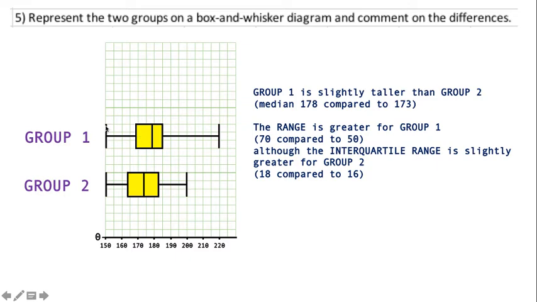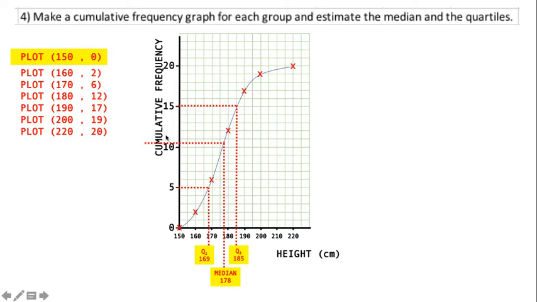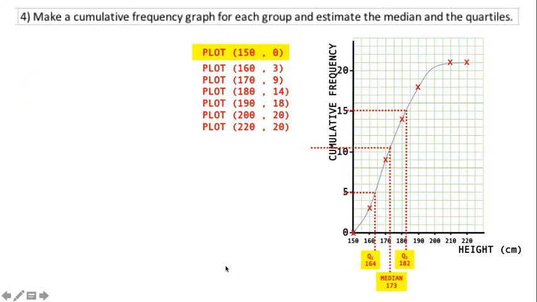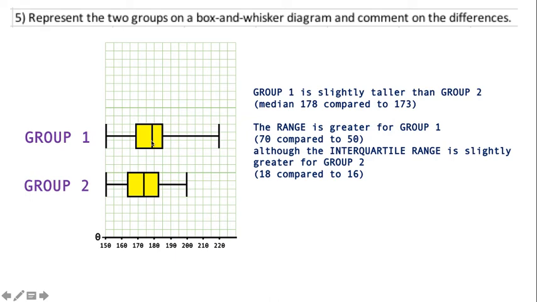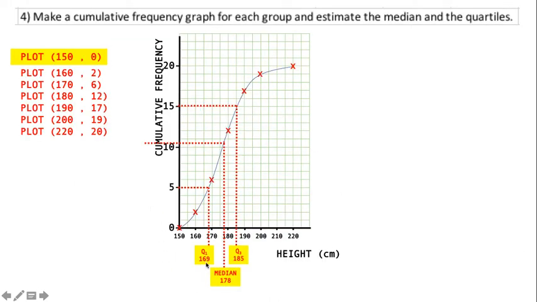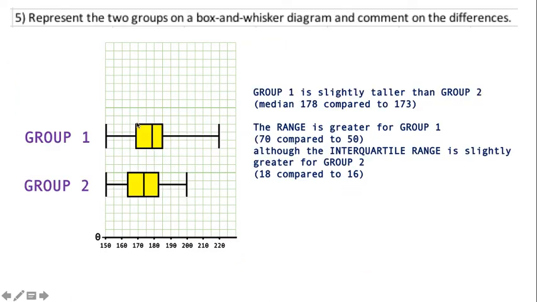In group 1, the lowest value was 150, the highest value was 220, and the median was 178, so that's just corresponding to 178. And then the lower and upper quartiles were 169 and 185, so that's my 169 at the bottom of the box and my 185 at the top of the box.